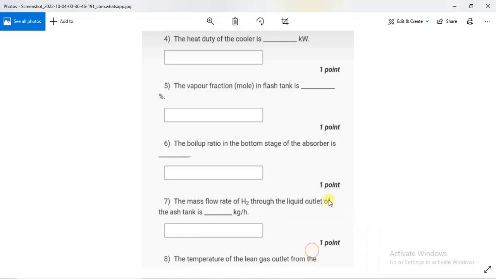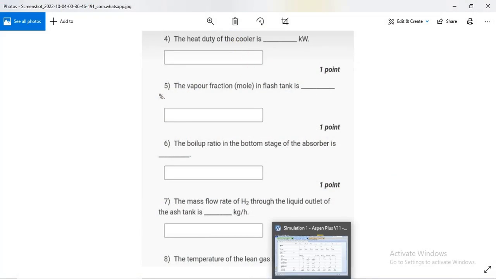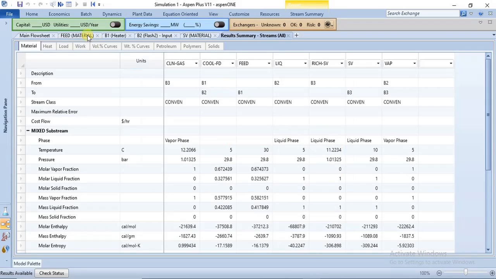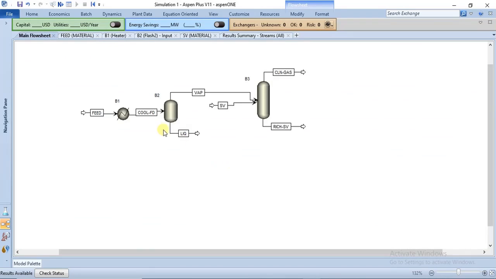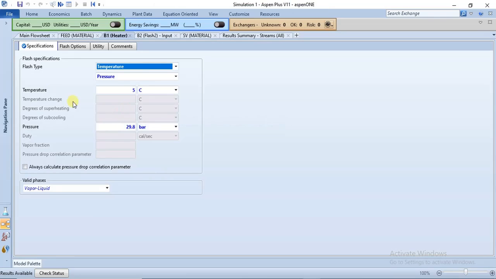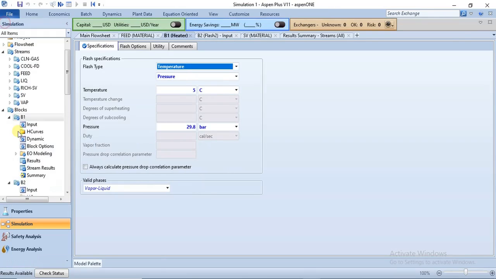The first one says the heat duty of the cooler. Let's go to the cooler itself. This is the cooler environment. You can get there by double clicking on the cooler in the flow sheet.